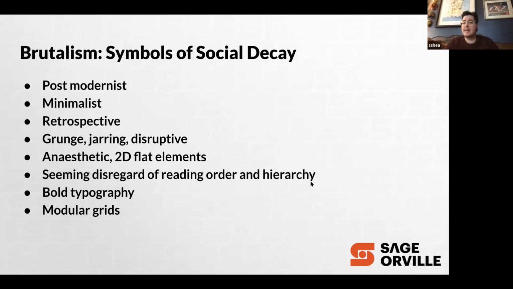There's a lot of flat 2D elements. There's very little attempt at a 3D beautiful layout. And one of the biggest markers is a seeming disregard for any idea of order, that they throw the user into slight chaos. And then they continue to power through with a bold typography that isn't reserved just for headers, but oftentimes for the paragraphs as well, and strict modular grids.